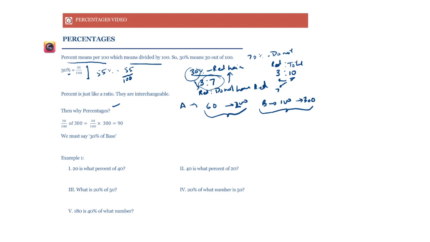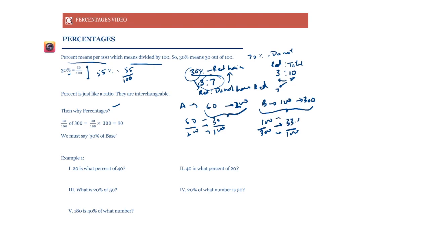But we can say that if A scored 60 out of 200, then out of 100, if this halves, this will also become half. So A scored 30 out of 100. And if B scored 100 out of 300, then out of 100, this has become 1/3, so this will also become 1/3.